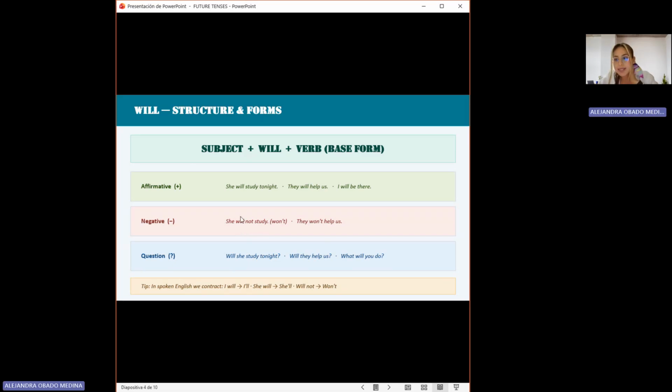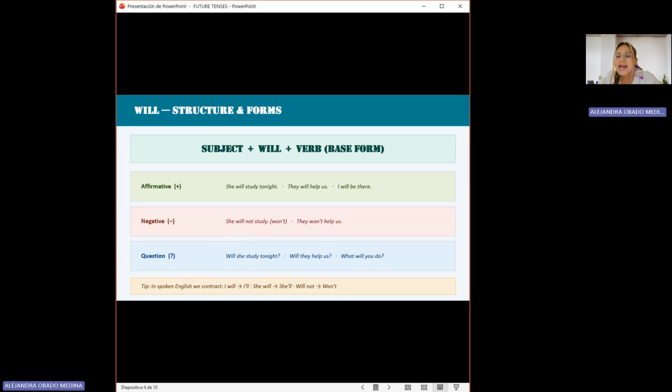En español para que me entiendan un poco mejor. Aquí tenemos el auxiliar will y le añadimos el not. Pero para la contracción es válido decir won't. Contraction: won't, or will not. And question.